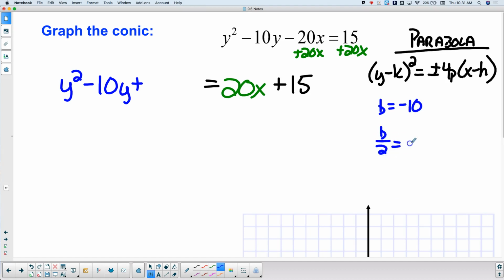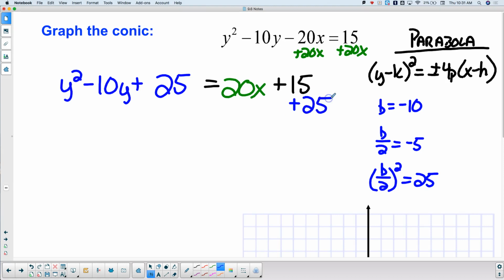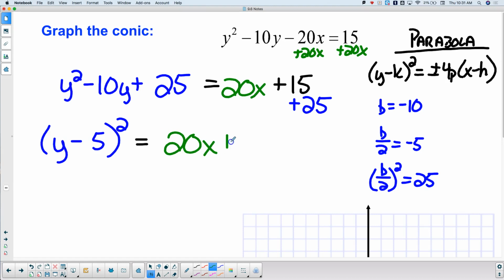Divided by 2 is negative 5. Squared is 25. Y minus 5 quantity squared equals 20x plus 40. Do I have it in the form that I want it yet?